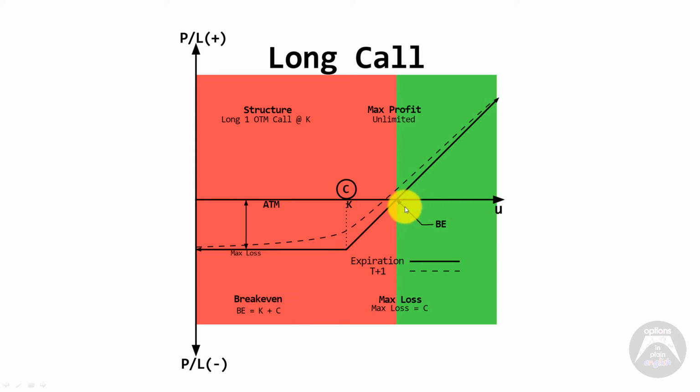Anything above that is going to be profit. Anything below that is going to be loss. The max loss is going to be the cost of the call, so basically C. And here I'm showing you that the solid line is the expiration line, and the dashed line is called T+1, meaning from the time we started, sometime after, but not yet at expiration.